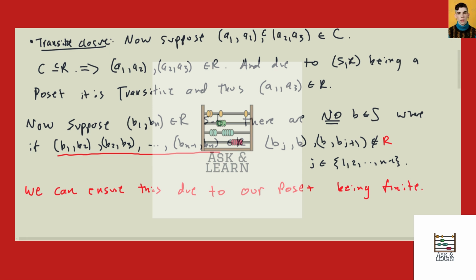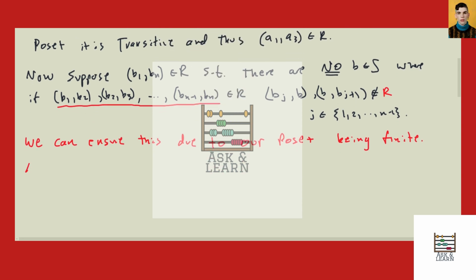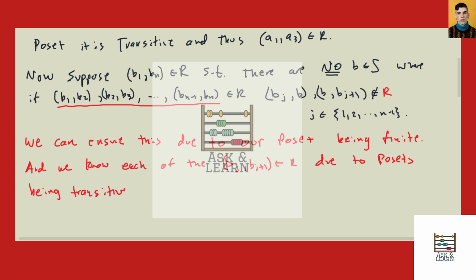All right. And we know each of the (B_j, B_{j+1}) are elements of R due to posets being transitive. So we have that.